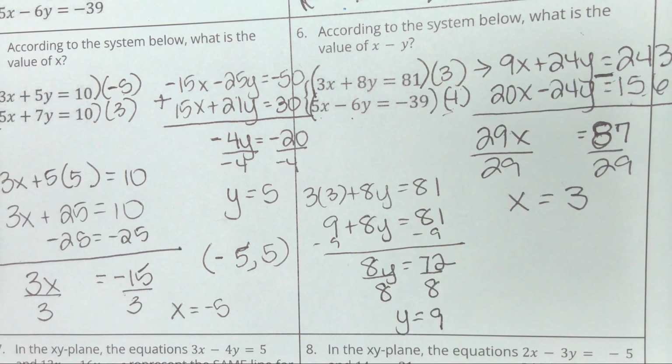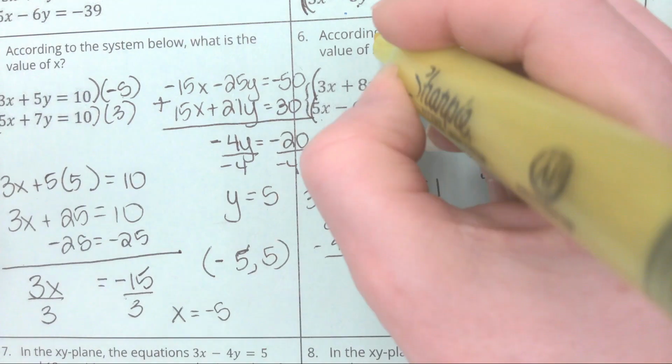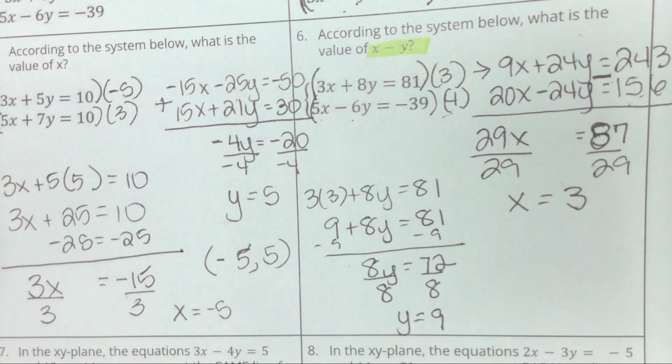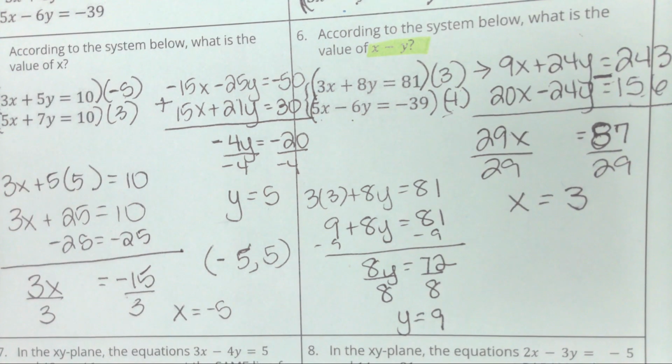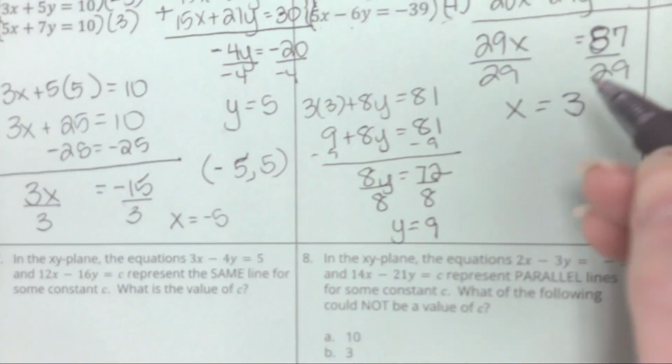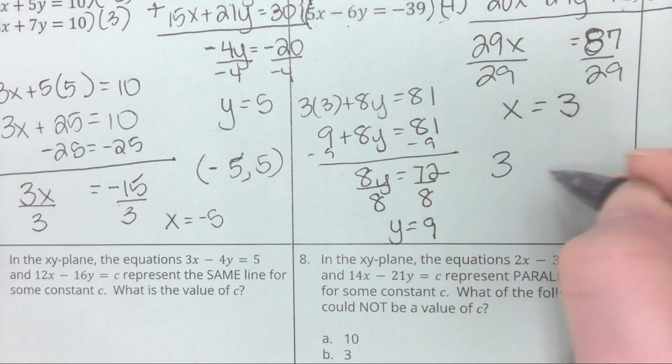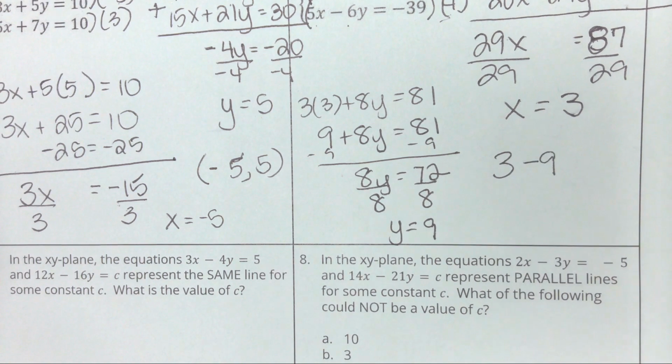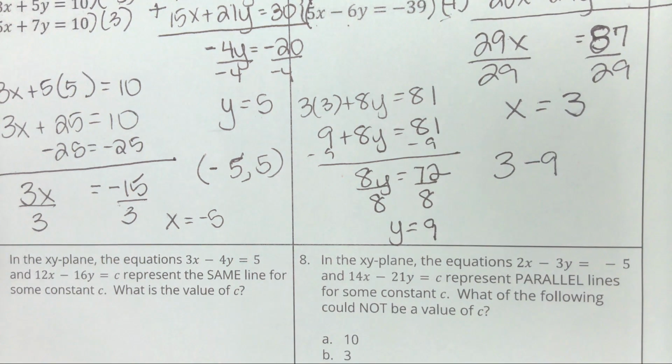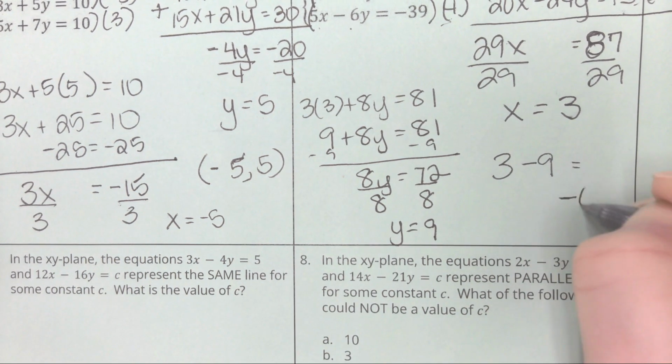Okay. Just remember, sometimes I ask you for x comma y. This time I said, what's x minus y? So what would I do? 3 minus 9, right? And then I would get a negative 6 for x minus y.